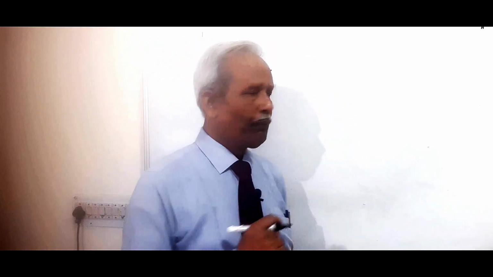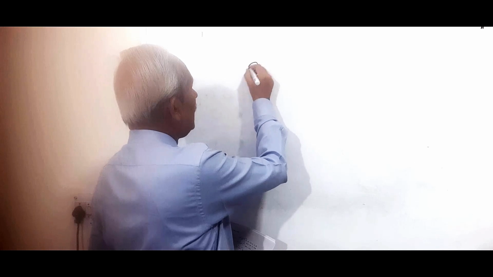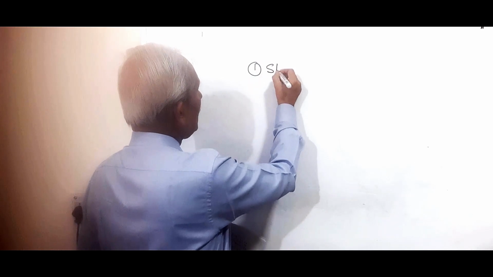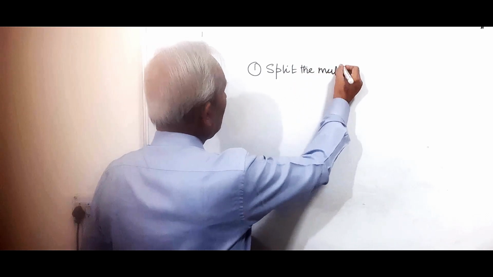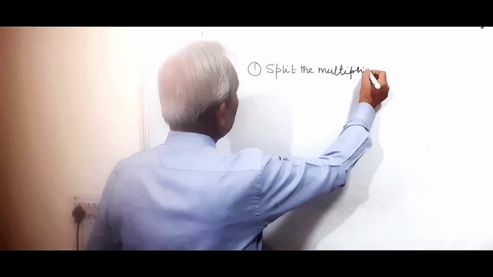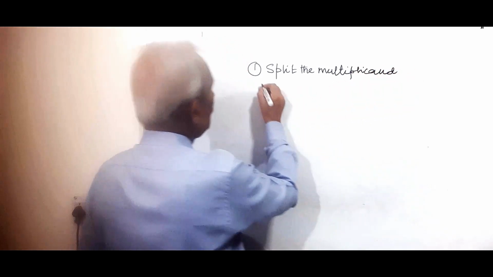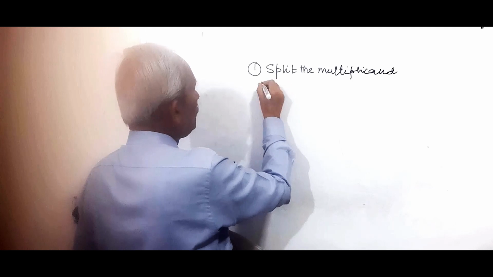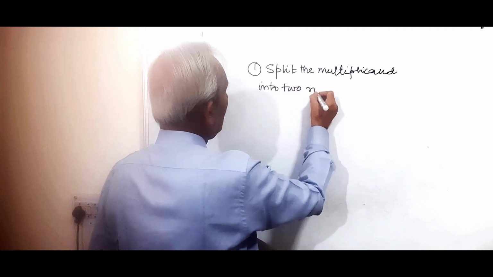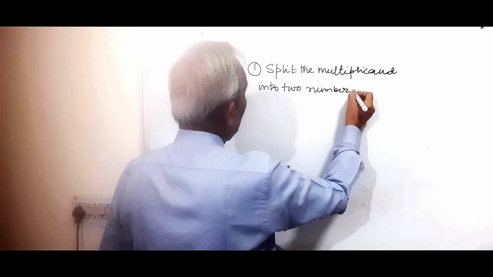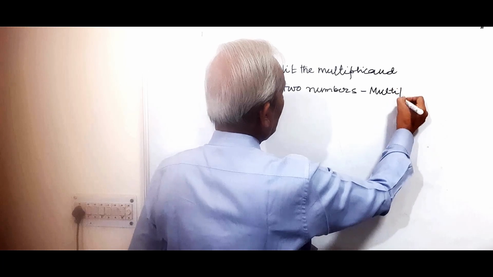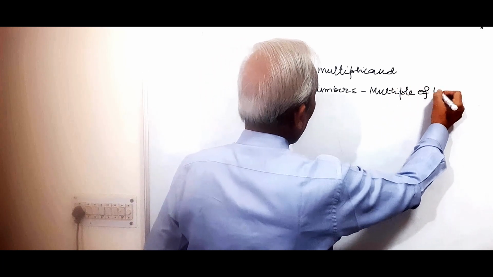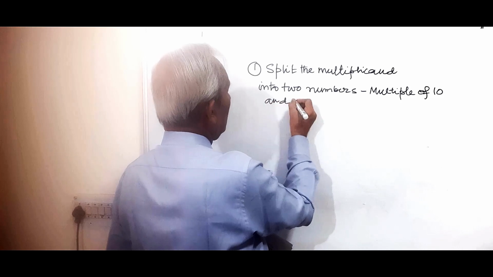But before that, let me tell you there are two steps which you need to follow. One is split the multiplicand into two numbers: the numbers are multiple of 10 and the remaining.